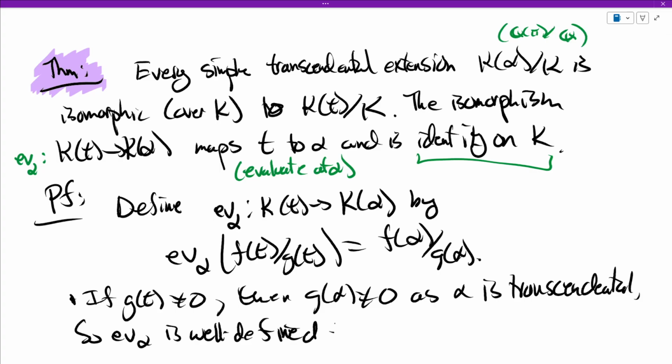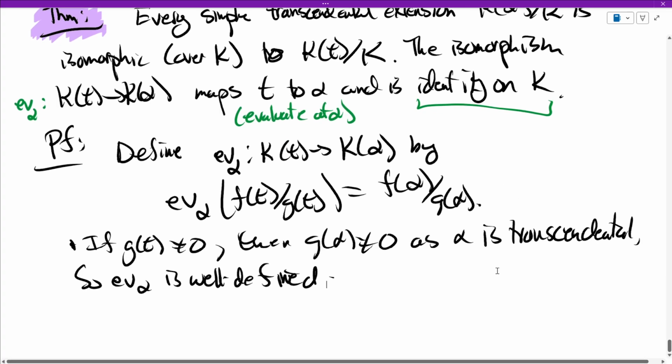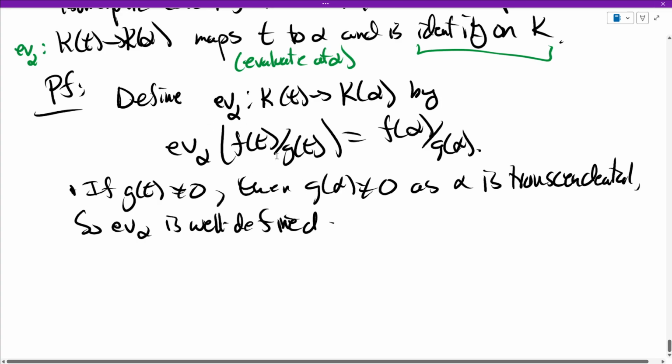And we just need to check that it is a homomorphism and it's onto. But what's going to be the check that it's a homomorphism? We have to show that addition before evaluation and addition after evaluation are the same. Well, I'll do the multiplicative one, and then we can agree that the addition is the same.